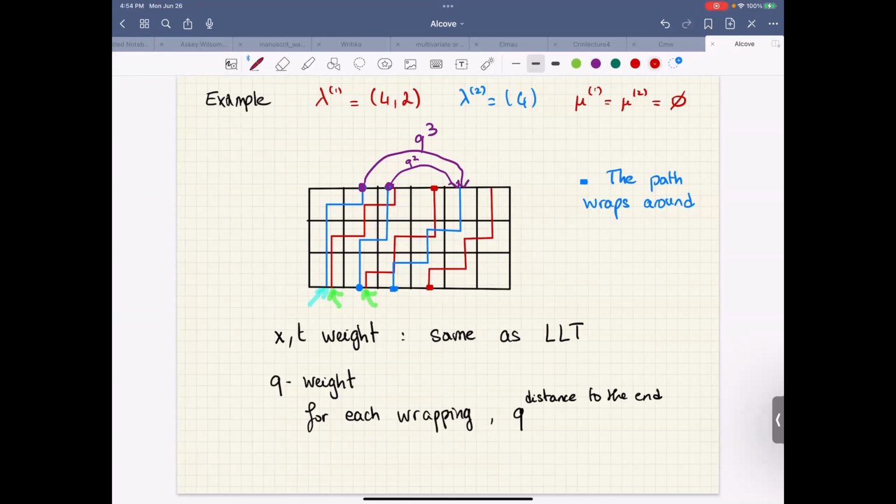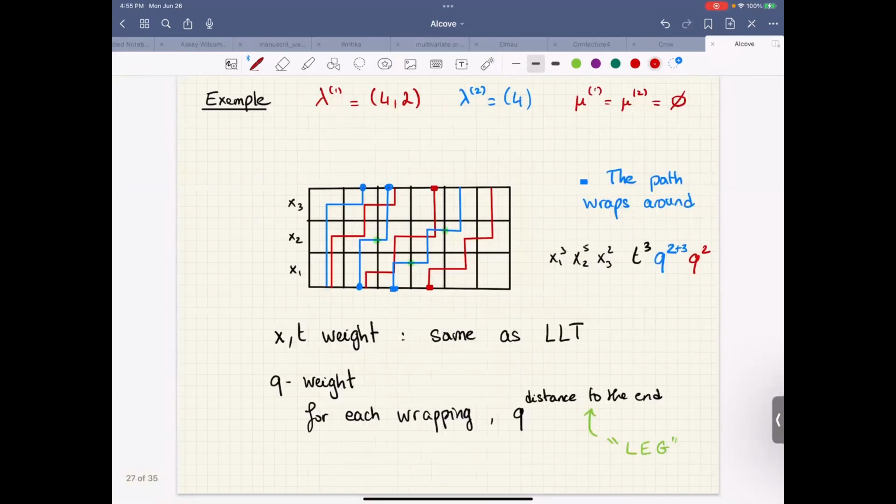And my red path, when it wraps, still has 2 steps to go to the end, so it gives me a q squared. So this configuration has 3 powers of t, and the weight of q is q cubed plus q squared from the blue color for its wrapping, and q squared for the red color.